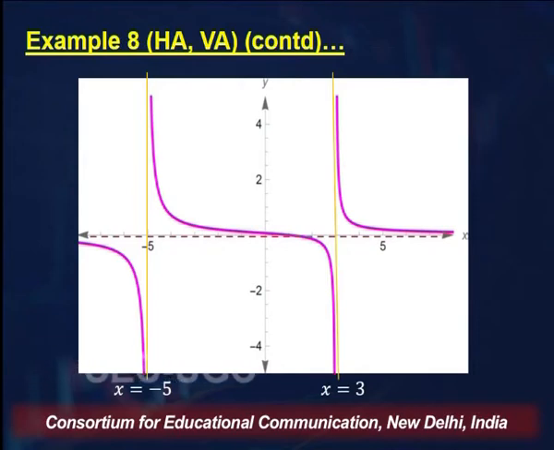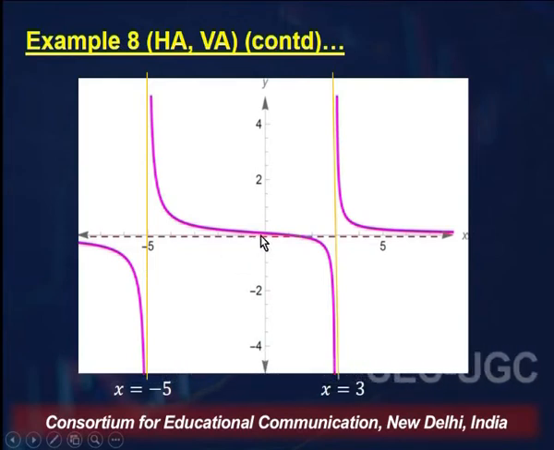One is in terms of the distance between the graph of the function and the asymptote. The other is that for a vertical asymptote, the function is tending to infinity or minus infinity as x tends to minus 5 from the left or from the right. The limit does not exist.